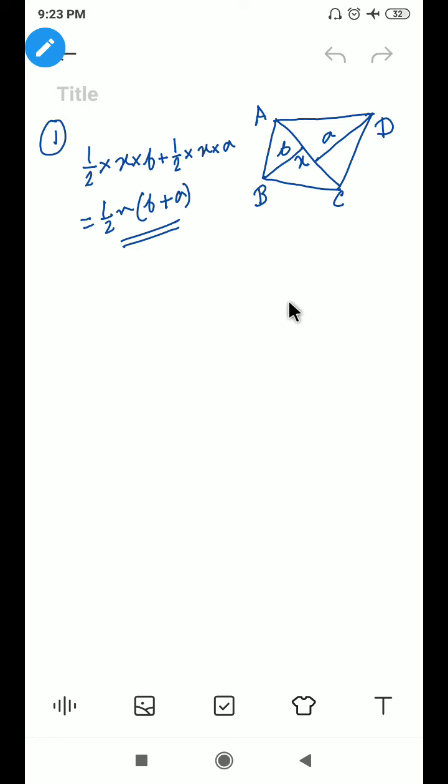Now our second formula is, suppose this is a quadrilateral which has four sides, and if the diagonals perpendicularly bisect each other, then how to find the area of this quadrilateral?